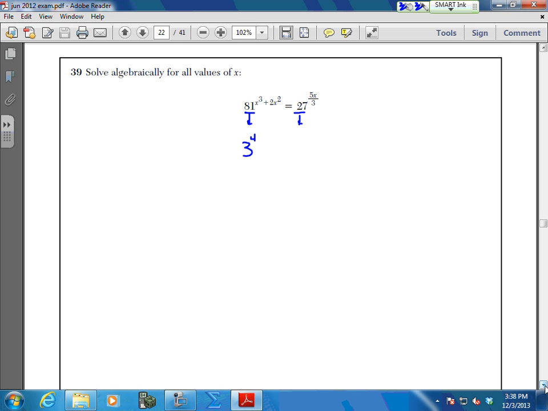So 3 to the 4th raised to the x cubed plus 2x squared, and 3 to the cubed raised to the 5x. Once you have the base there, then you can set your exponents equal to each other. Be sure that you multiply your exponents out. So let's get those set up.